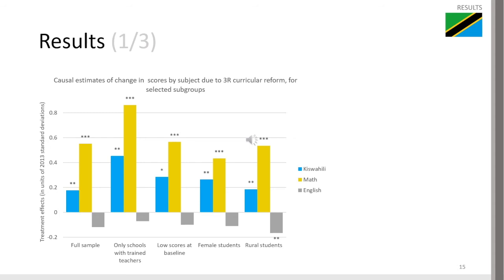We also don't find any differences between rural and urban students. And so what this leads us to understand is that the reform helped students of all characteristics improve their learning outcomes, which is an important finding. There doesn't seem to be any evidence that it hurt certain students.